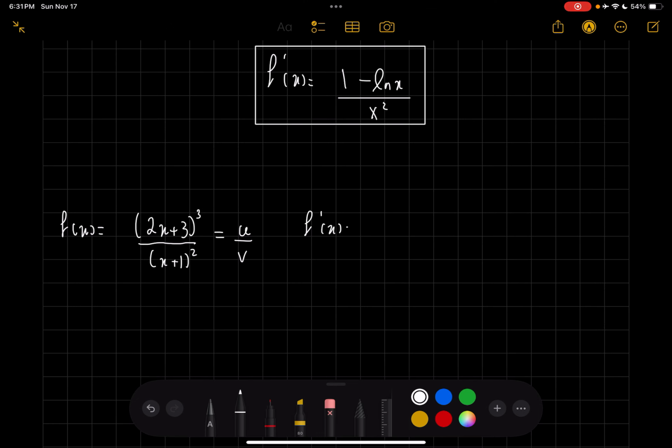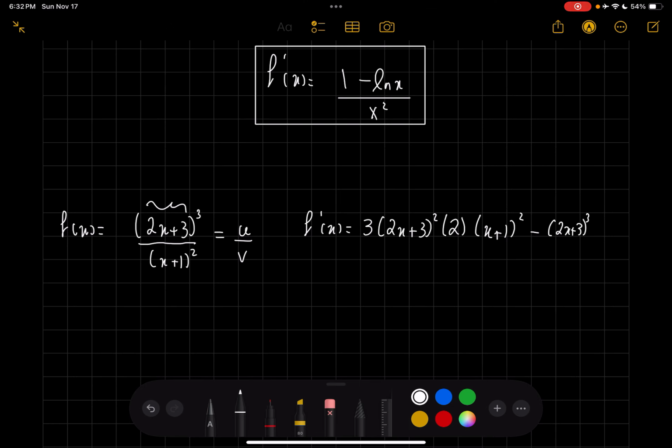So f prime of x is going to be u prime, which is going to be 2x plus 3, all of it to the power of 2. According to chain rule over here, we have to multiply by the derivative of whatever is inside. So we have to multiply by 2 because the derivative of 2x plus 3 is going to be 2. So all of this is our u prime, times v, so x plus 1 to the power of 2, minus u, which is 2x plus 3 to the power of 3.